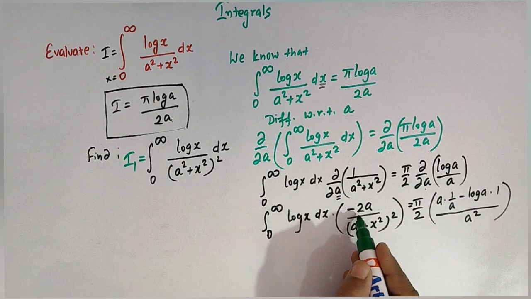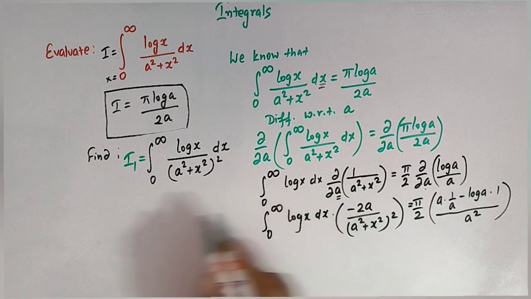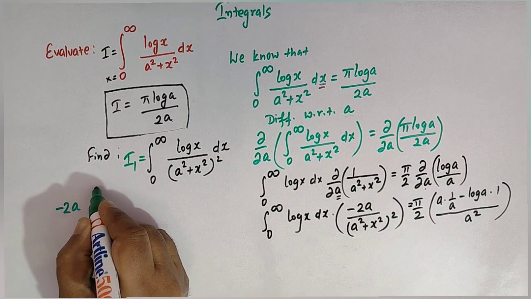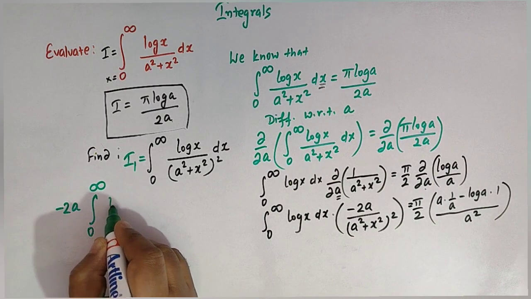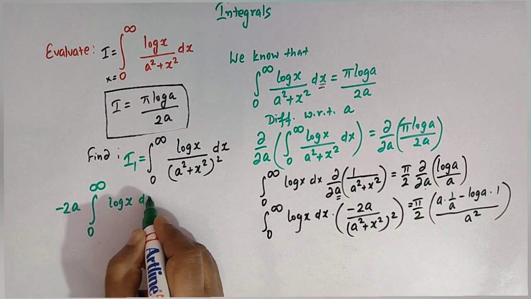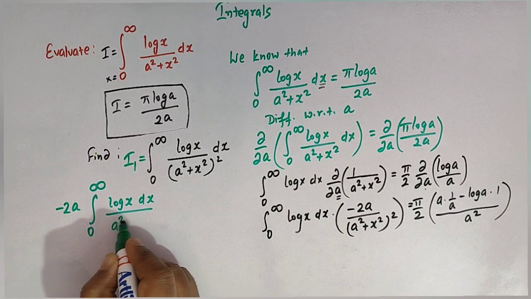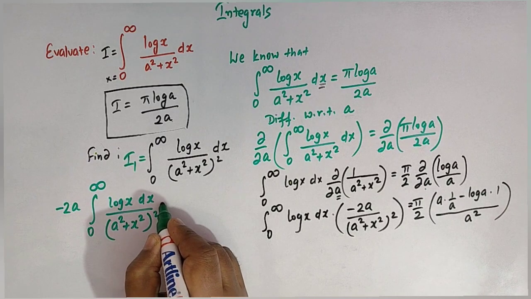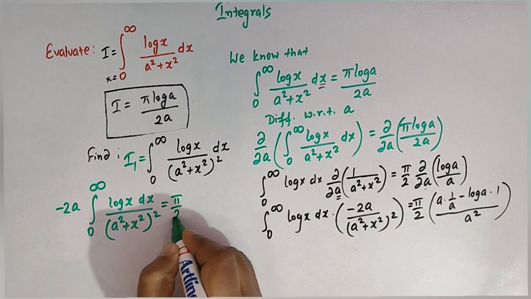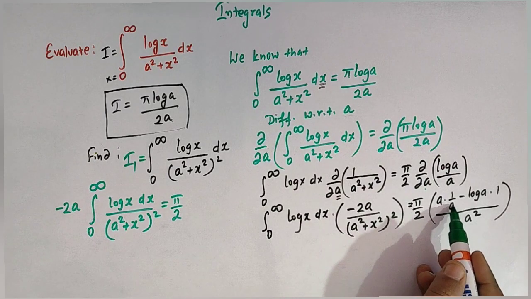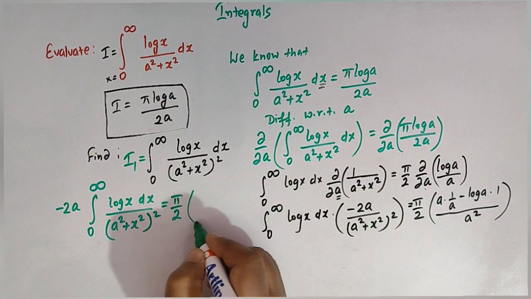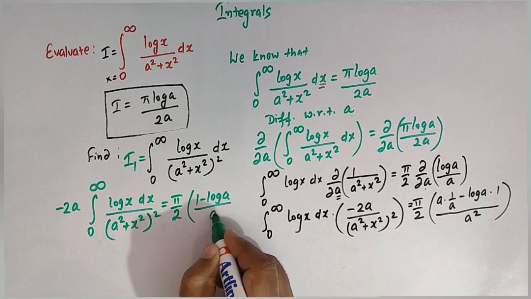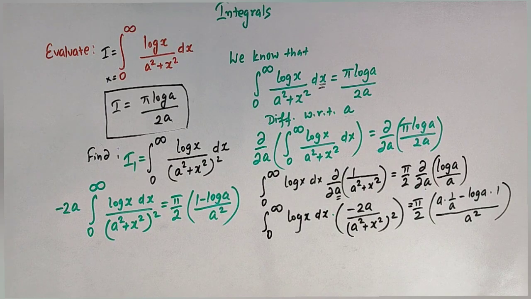We can take minus 2a outside, so we have minus 2a times the integral from 0 to infinity of log x dx divided by a square plus x square whole square, and here we have pi over 2, and here a and a get cancelled, so we are left with 1 minus log a divided by a square, right?